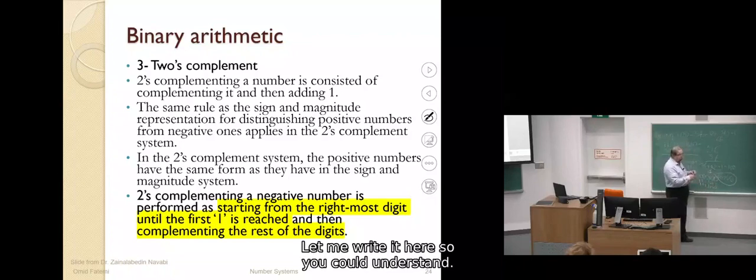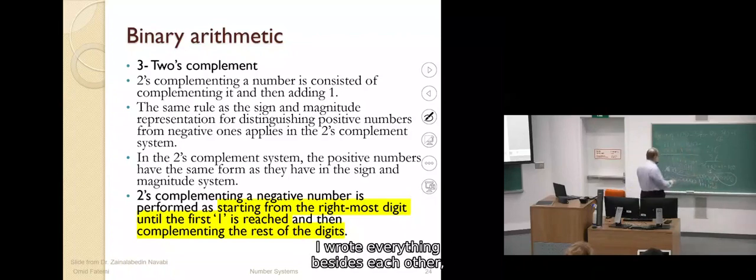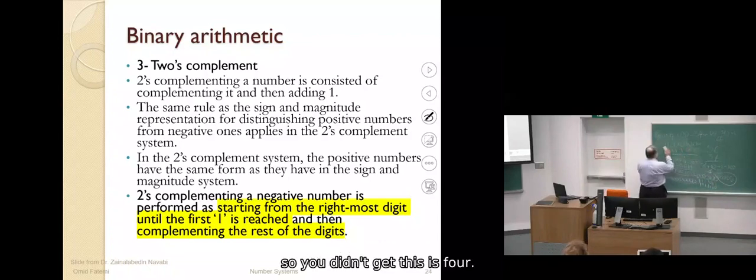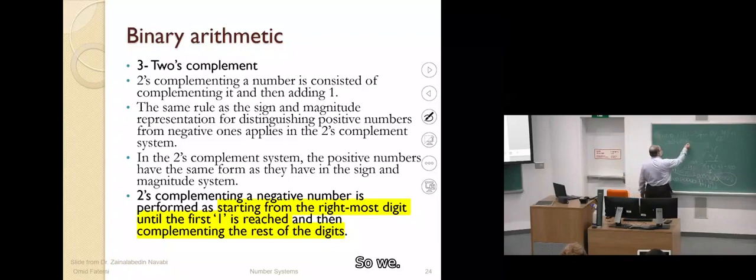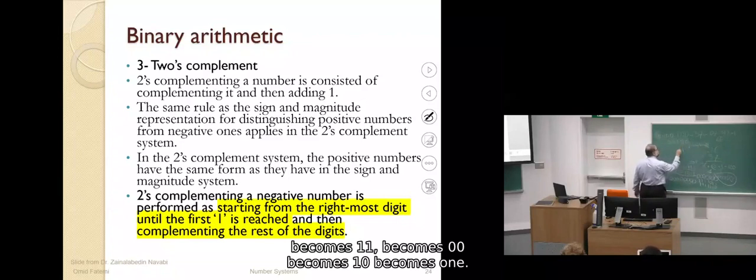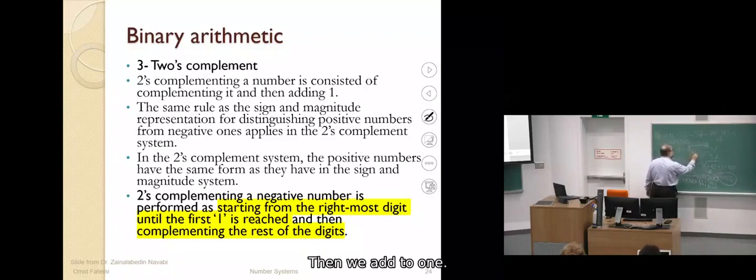Let me write it here so you can understand. This is 4. We want to find the 2's complement of 4, which will be minus 4. So we complement: 0 becomes 1, 0 becomes 1, 1 becomes 0, 0 becomes 1, 0 becomes 1. Then we add 1.